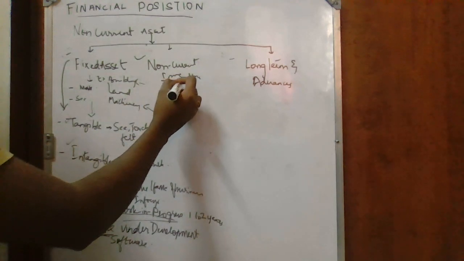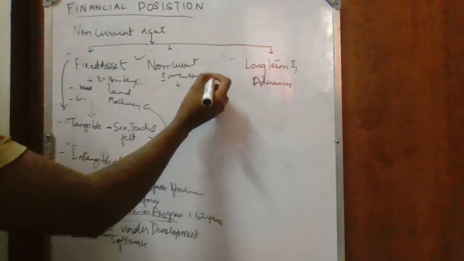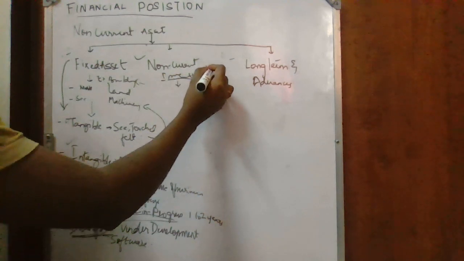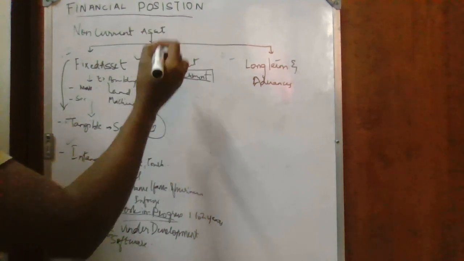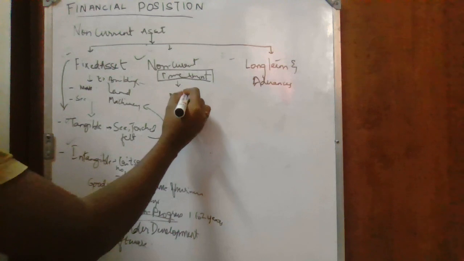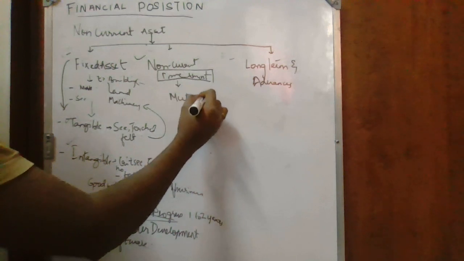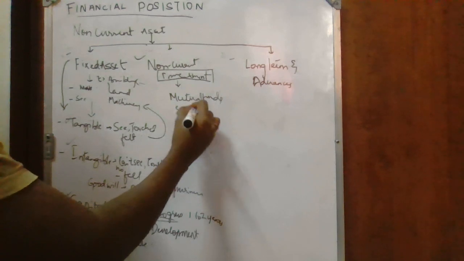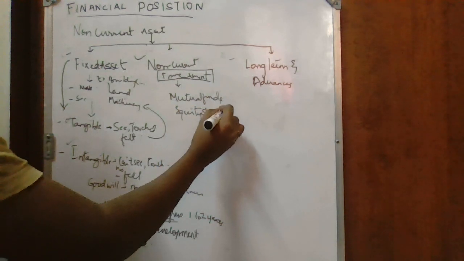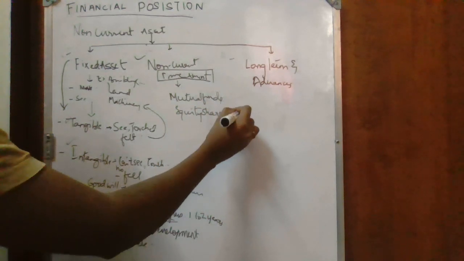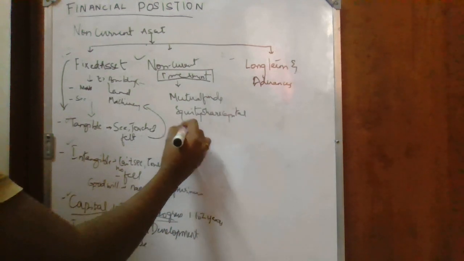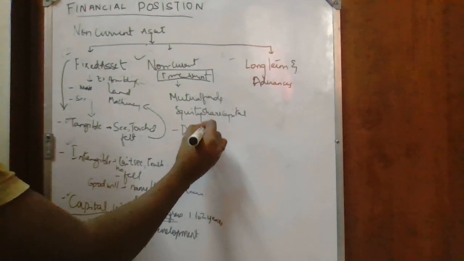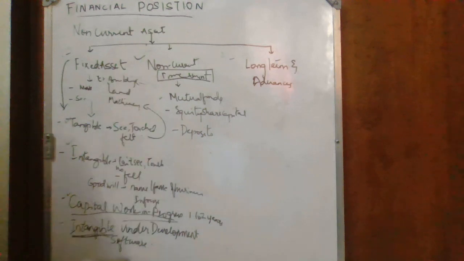Now, non-current investment. Investment itself tells you that you have invested money outside the business. Either you would have invested in mutual funds, or in equity share capital, or in the form of deposits. Let us see each one.